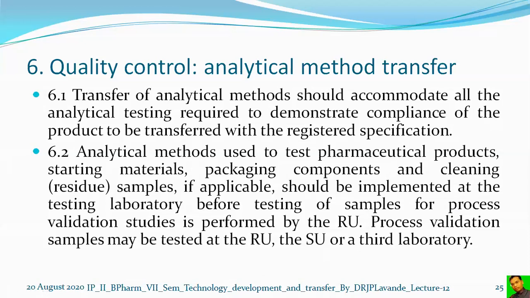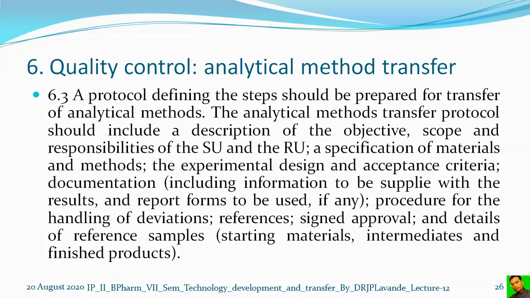And these are in relation to the product, the starting material, that is the raw material, the packaging materials, that is to say glass containers, PVP containers, or cardboard cartons, and the cleaning sample, the material used to clean the plants.